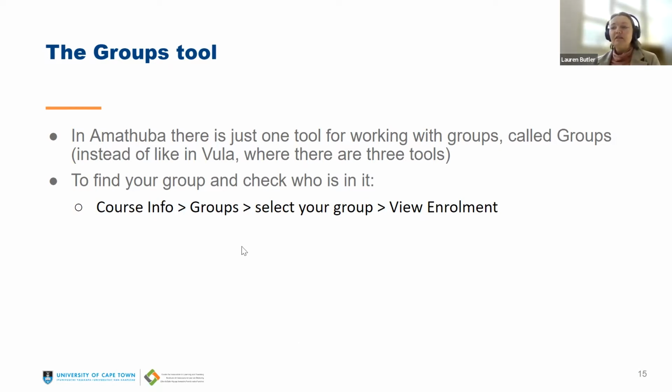To find it, you can follow these steps along on your side if you want to. I am going to do a demo, but you can go onto the Tutor Sandbox site, or you can go onto the course site that you have been added to if you have access to it.